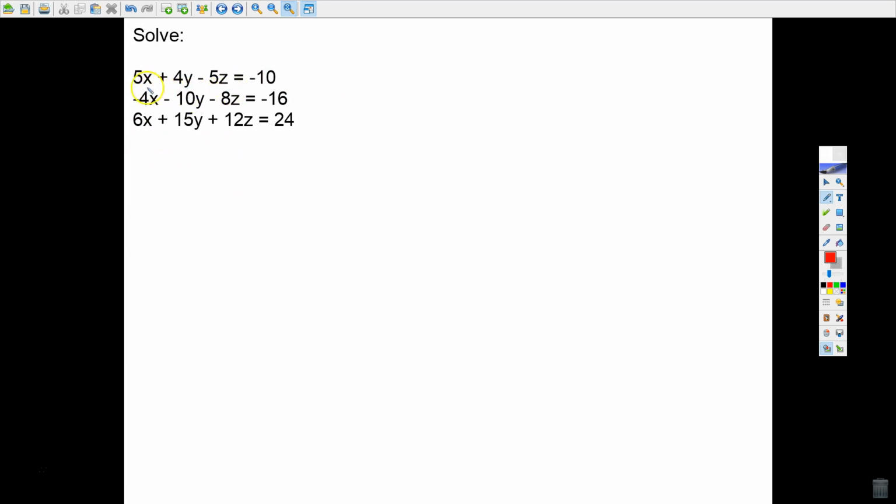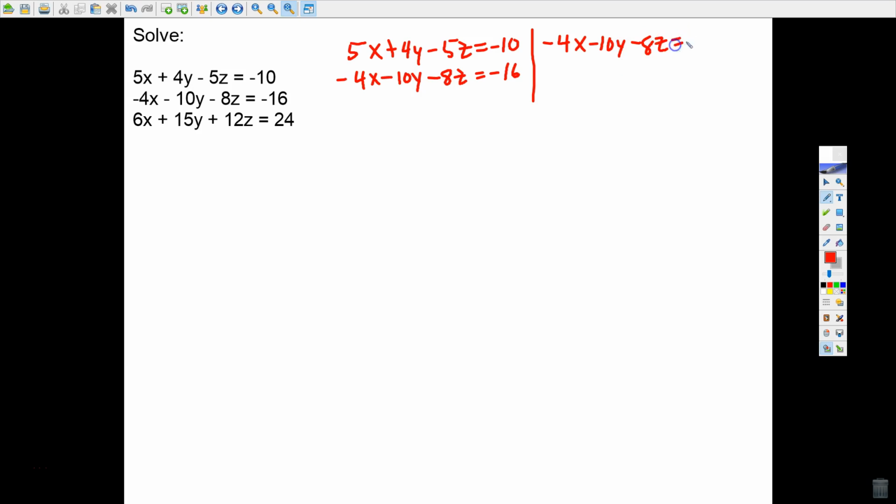I'm just going to match up the top 2 as a system. 5x plus 4y minus 5z is negative 10. Negative 4x minus 10y minus 8z is negative 16. And then I'll match up the bottom 2. Negative 4x minus 10y, 6x plus 15y plus 12z is 24.